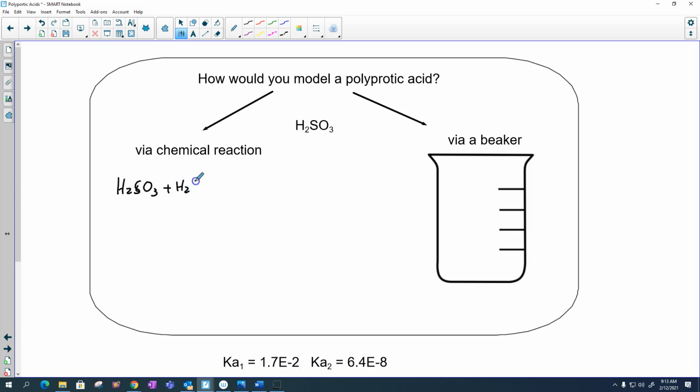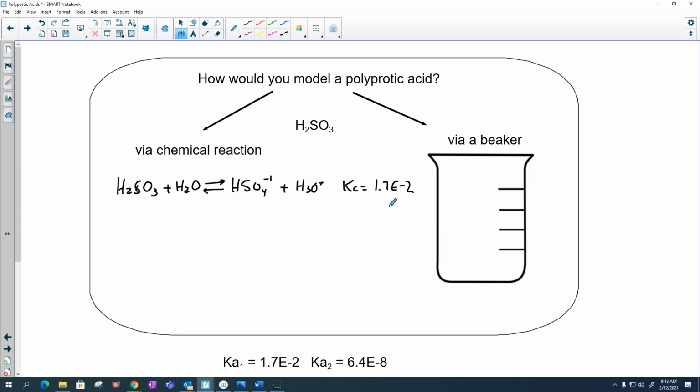This is the reaction that's going to go through to produce H plus ions, HSO3 minus 1, and then H3O plus ions. This thing has a Ka value equaling 1.7 e to the negative second. Okay.